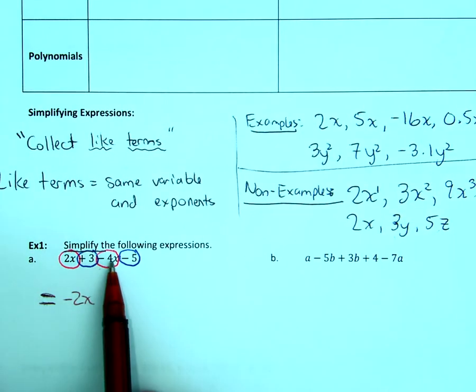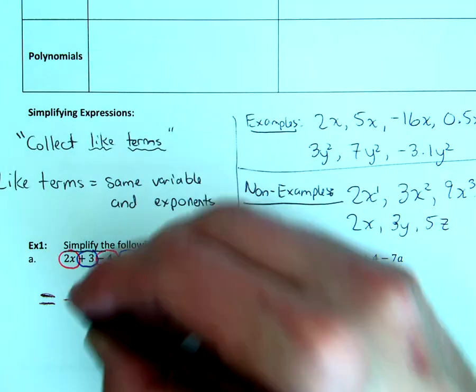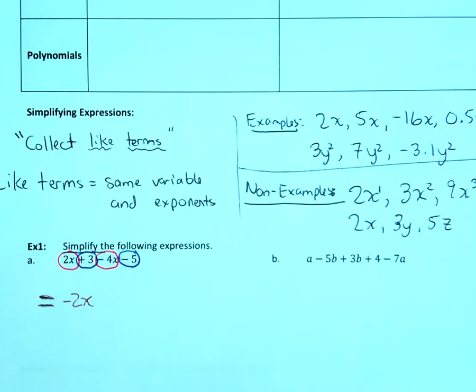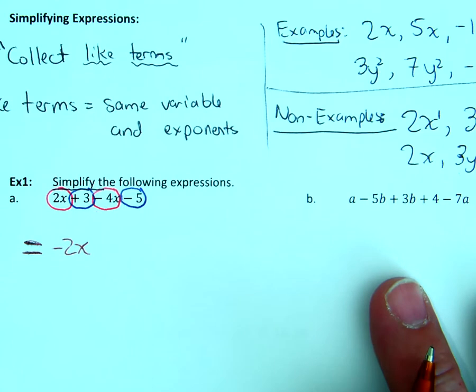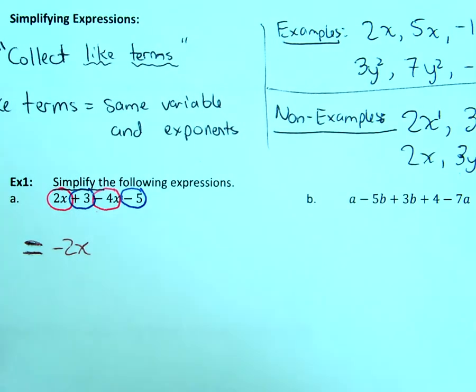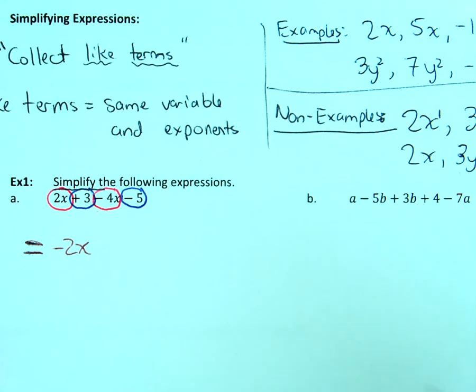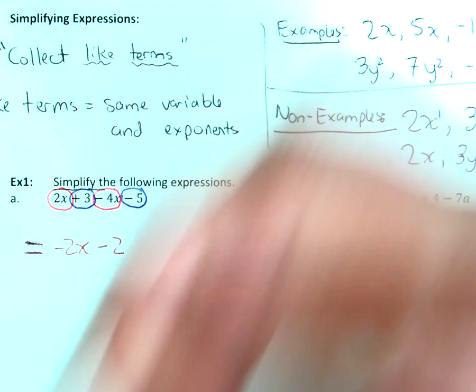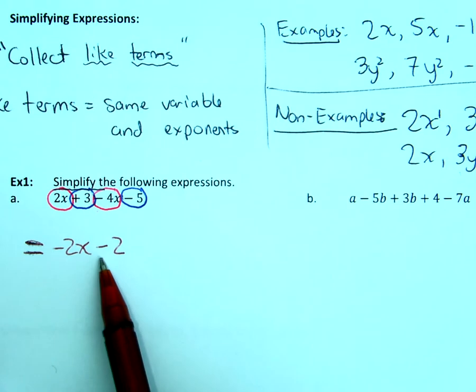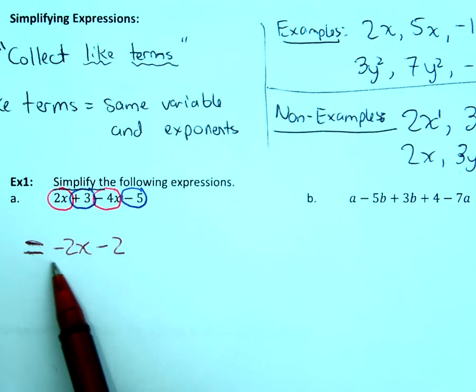So on your calculator, you can just go 2 minus 4, where the x's don't really matter. We're just going to write those. They go along with it. And then I do the ones that are in blue, so the ones without variables. So positive 3 minus 5, and write negative 2. So positive 3 minus 5 is negative 2, so I write negative 2. Negative 2 is the same as minus 2, so this is my answer.